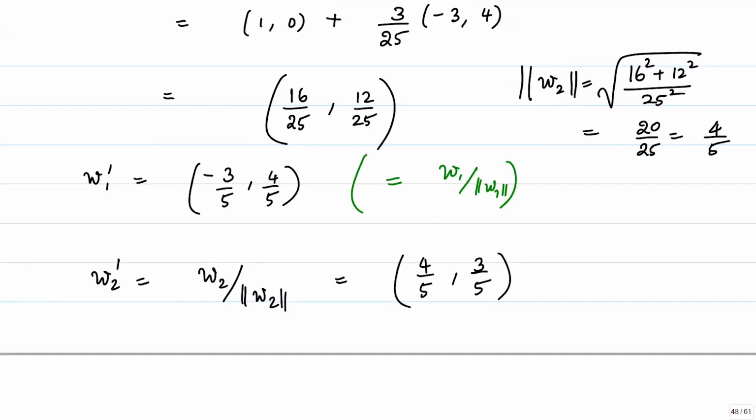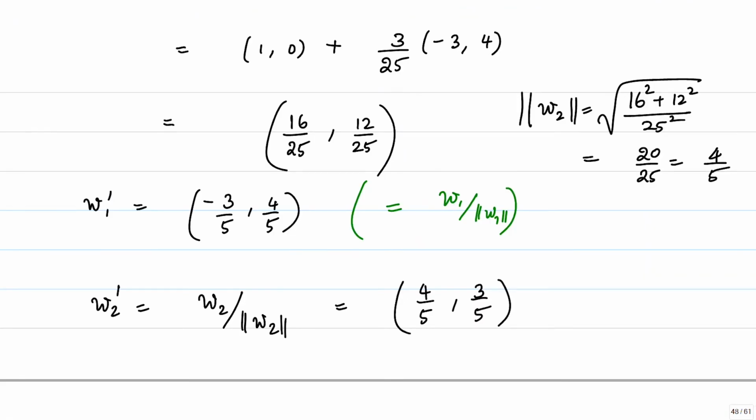Right, so we get w1 prime is minus 3 by 5, 4 by 5, and let's see, minus 12 plus 12. Yes, so this is certainly orthonormal, and it's an orthonormal basis.